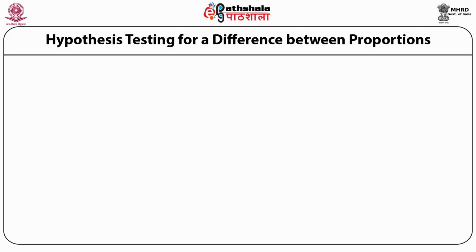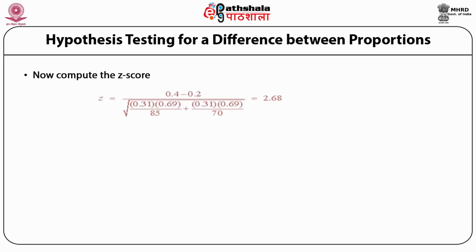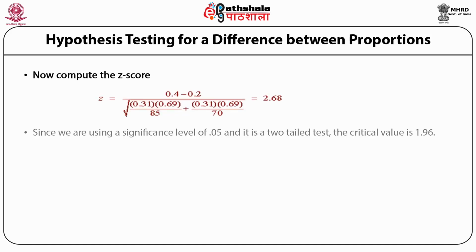Putting it into the z-test formula, we get the z calculated as 2.68. Since we are using the significance level of 0.05 and it's a two-tailed test, the critical value is 1.96. Clearly 2.68 is in the critical region, hence we reject the null hypothesis and accept the alternative hypothesis and conclude that gender does make a difference for drug use.